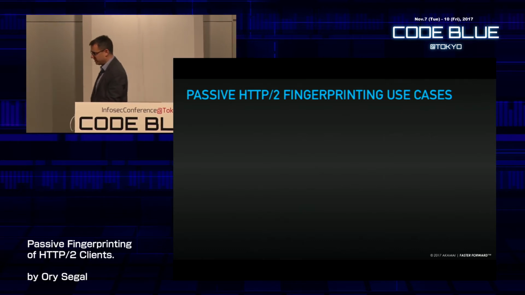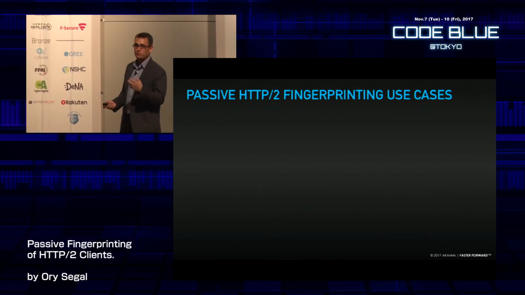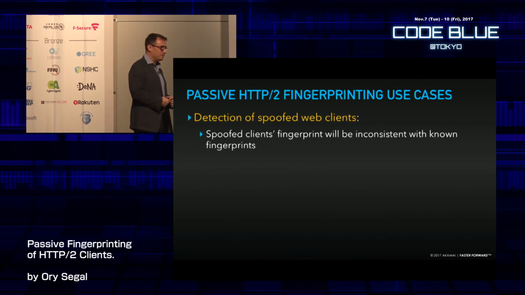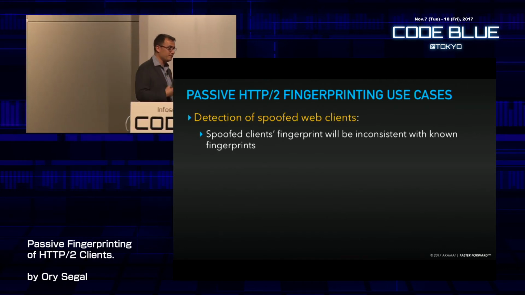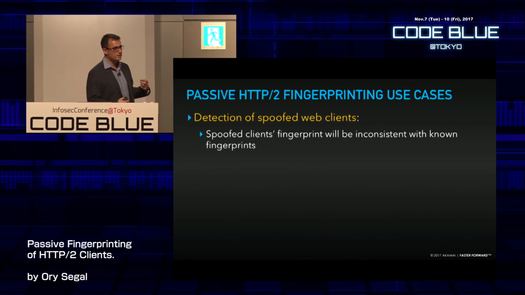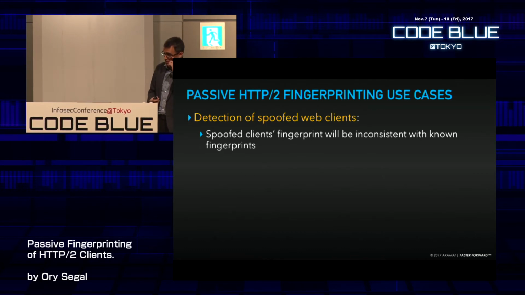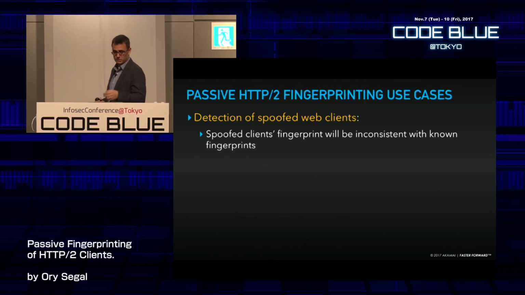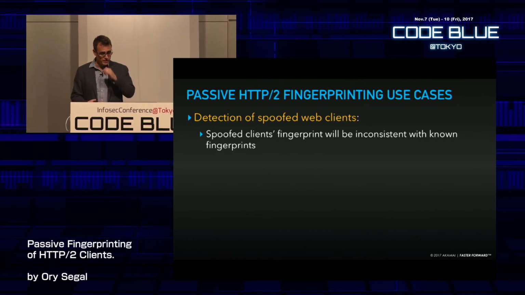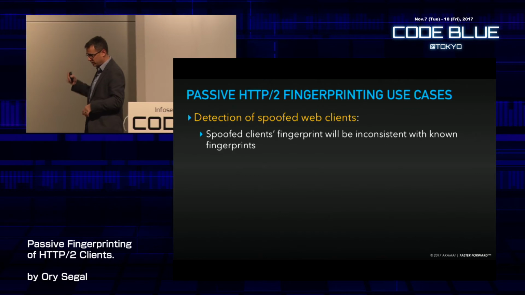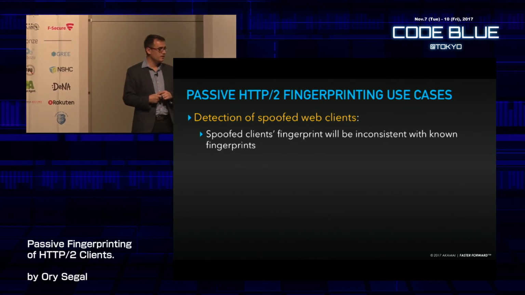So, what can we do with passive HTTP 2 fingerprinting? The first thing is we can detect clients that spoof the user agent. And that's very popular. A lot of attack tools, security tools, scrapers, bots, they spoof the user agent header.